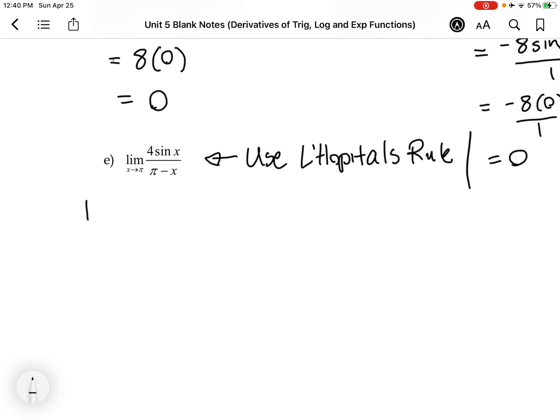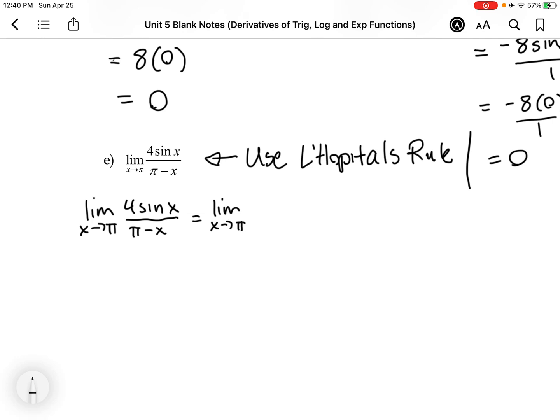Okay, so the limit as x approaches pi of 4 sine x over pi minus x is going to equal the limit as x approaches pi of the derivative of each of these.